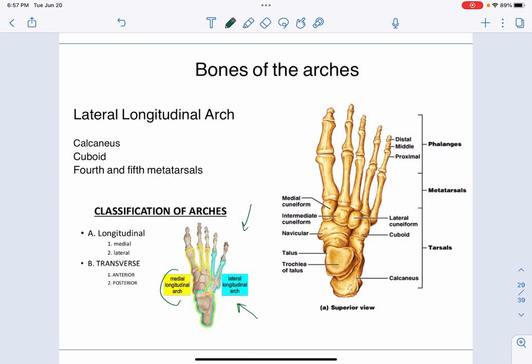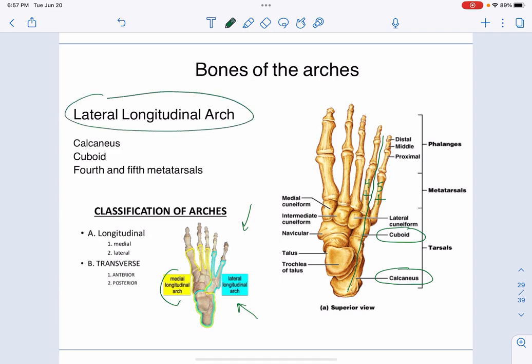So this arch consists of the calcaneus, the cuboid, and the 4th and 5th metatarsals, which are here and here. So that's number 4 and that's number 5. So you can kind of draw a line and that would cover that arch there. That would be the lateral longitudinal arch.